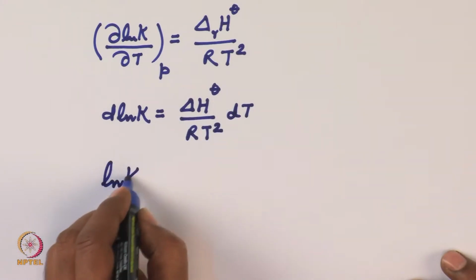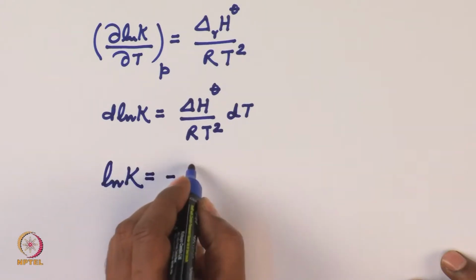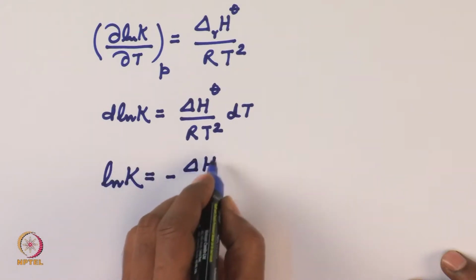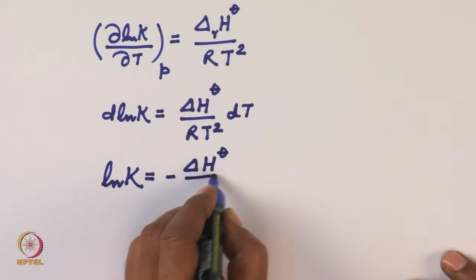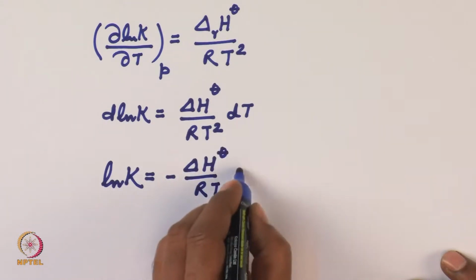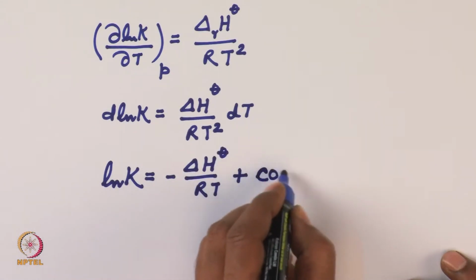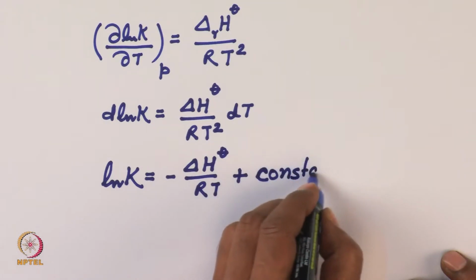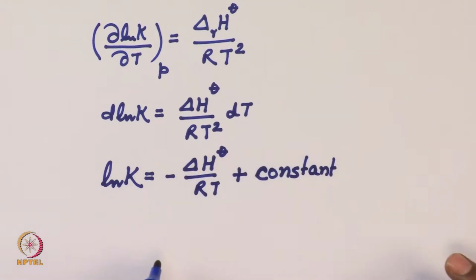What I will have is log k is minus delta H naught by RT plus a constant. As we have discussed during the lecture.